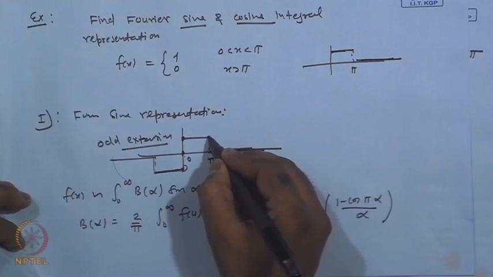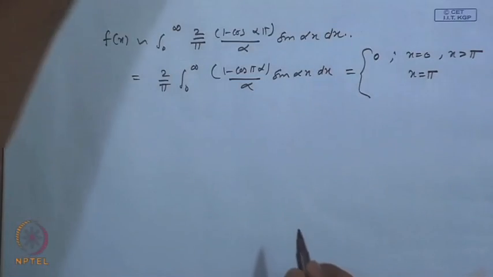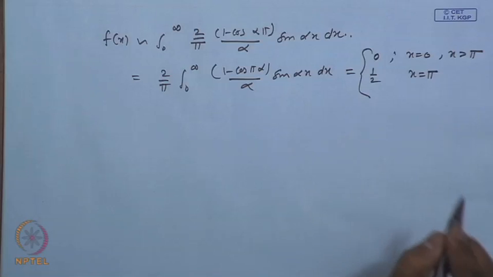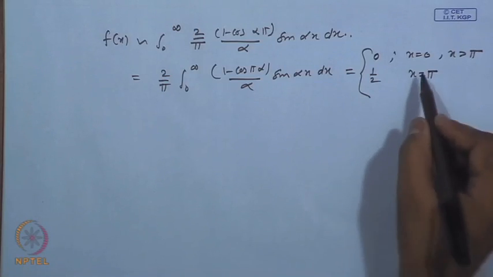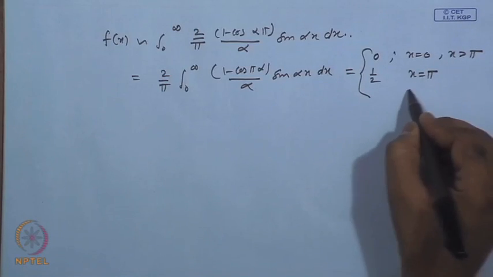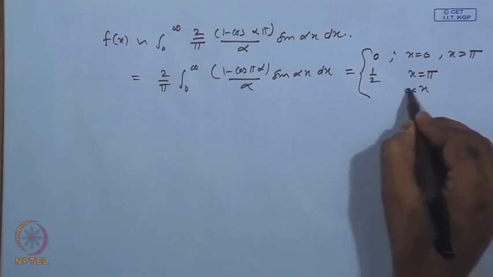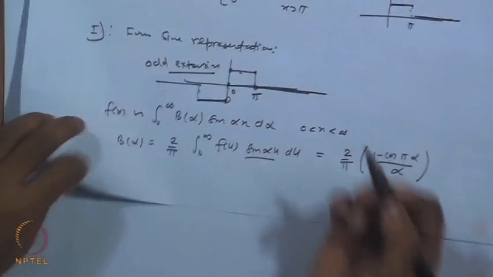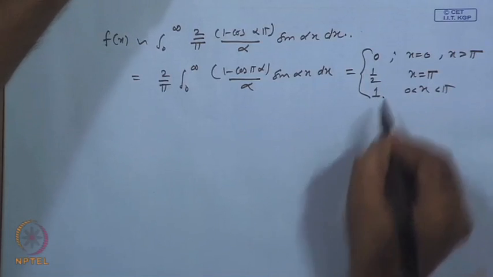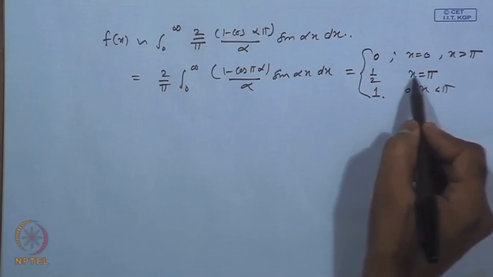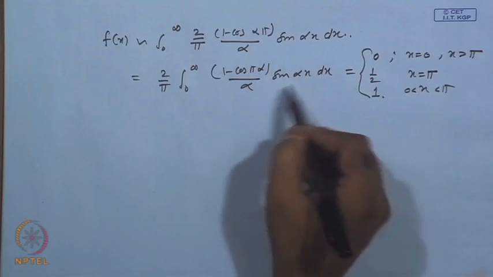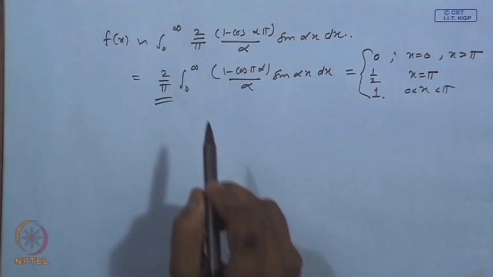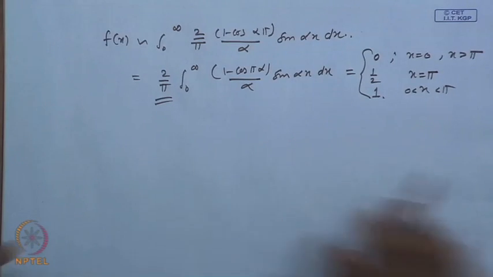So, we have 1 and we have 0. So, 1 plus 0 by 2, that means 1 by 2, and what is left now is between 0 and 1. So, if x is between 0 and pi, then the value is 1. So, for different values we can get a particular integral and can find the value of the function.